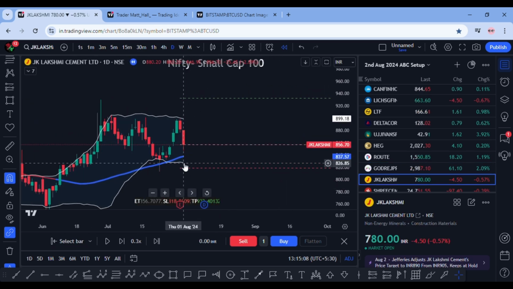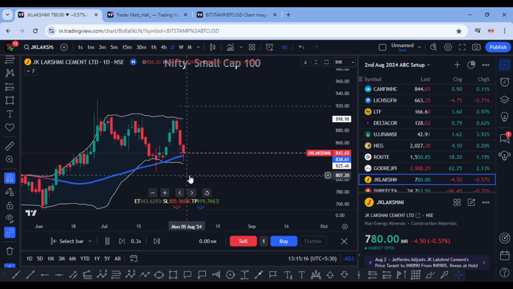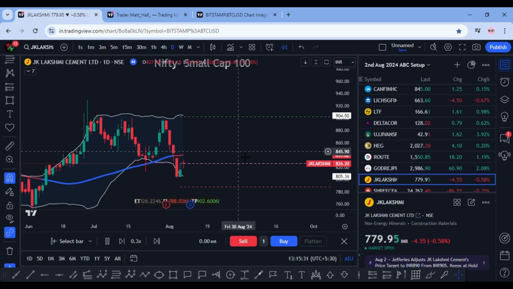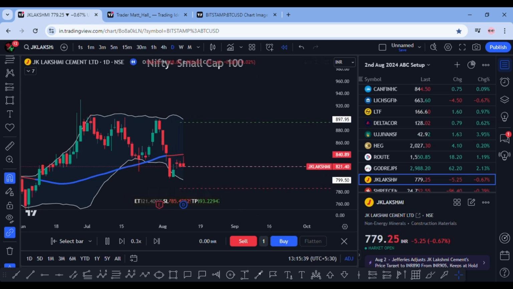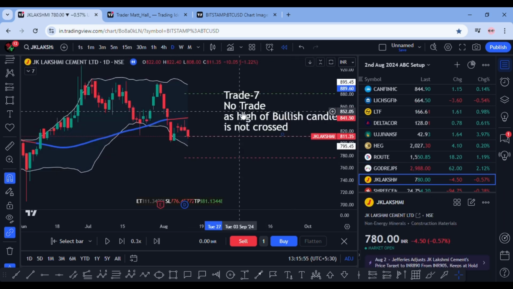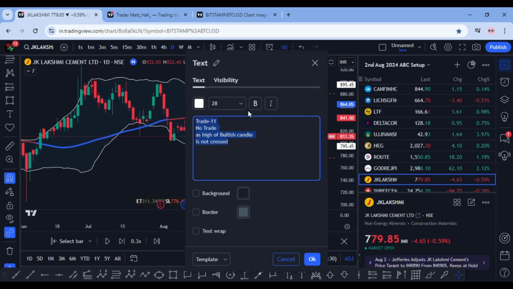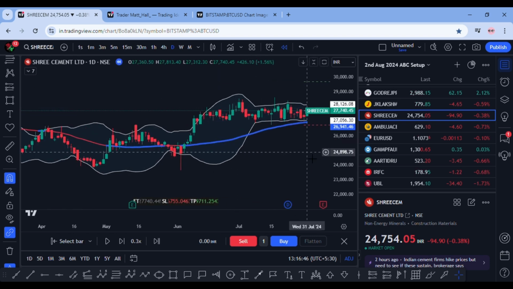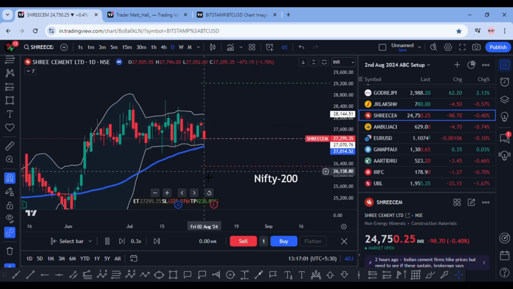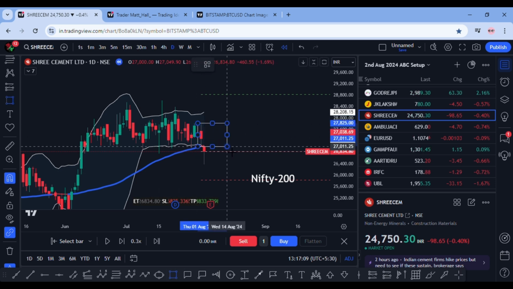There was no setup for this trade, so we won't be taking it. Entering trades that meet our criteria.